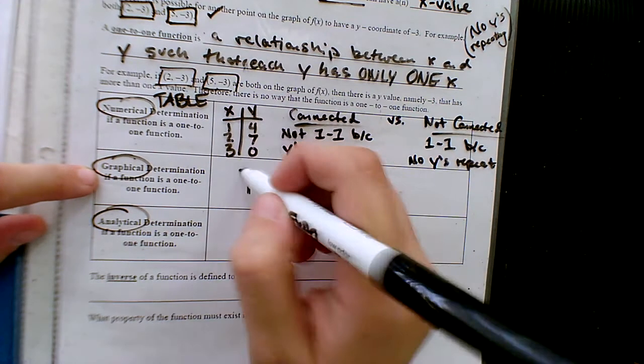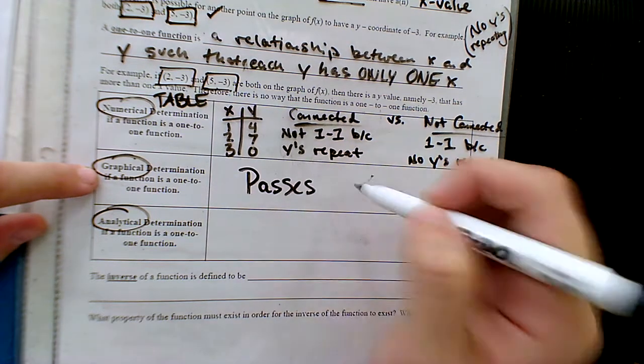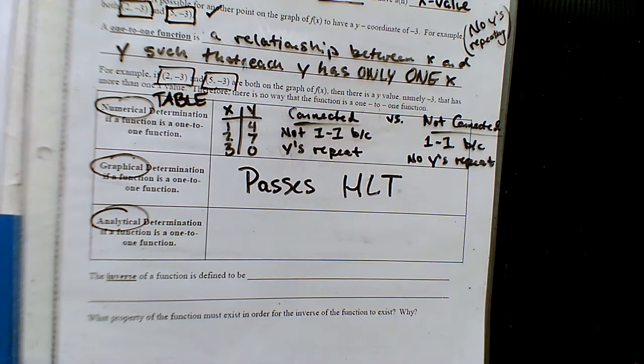Yeah, a horizontal line test. Good. So we're going to see if it passes the horizontal line test. Remember, a one-to-one function is literally the reverse statement of a function. So instead of a vertical line test, if we reverse it, it would be horizontal. That one's pretty simple.